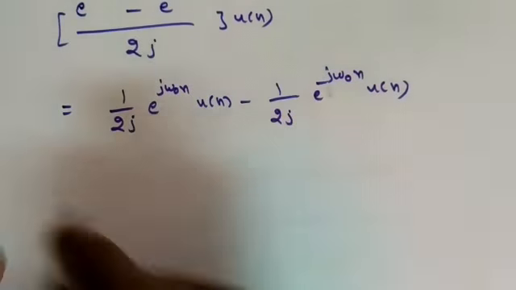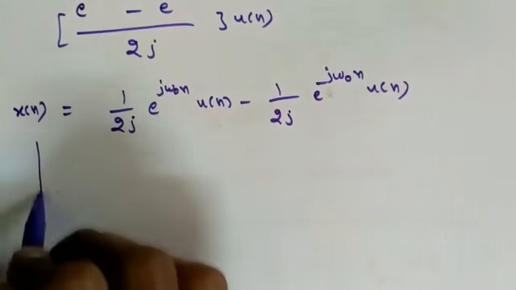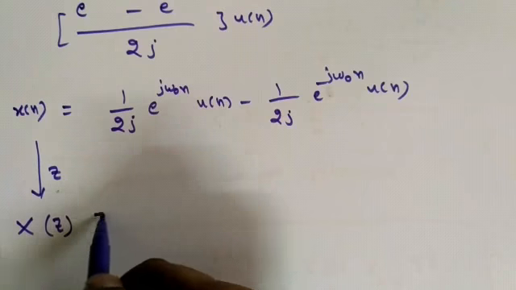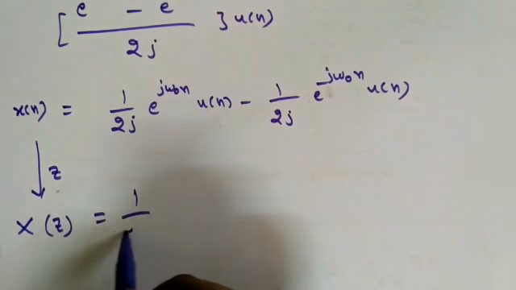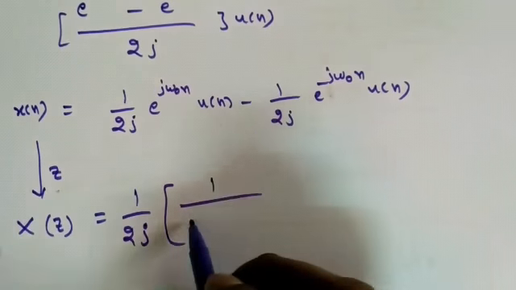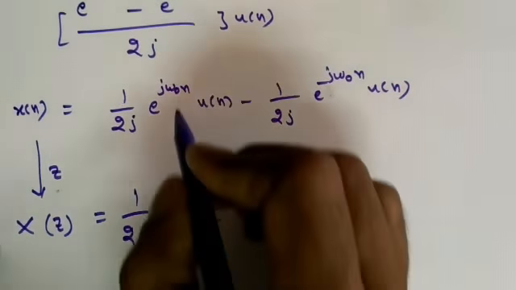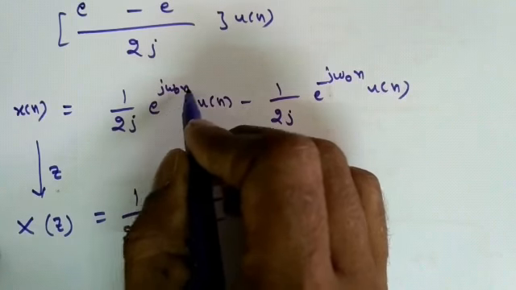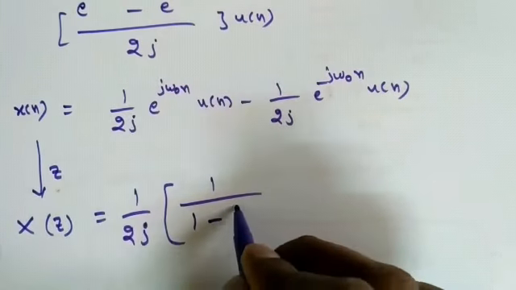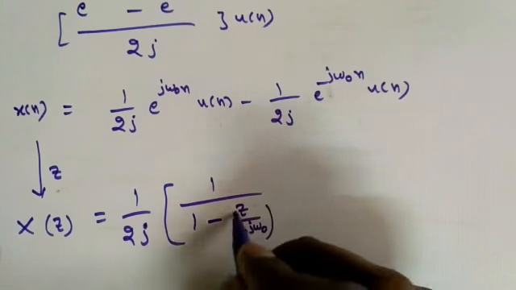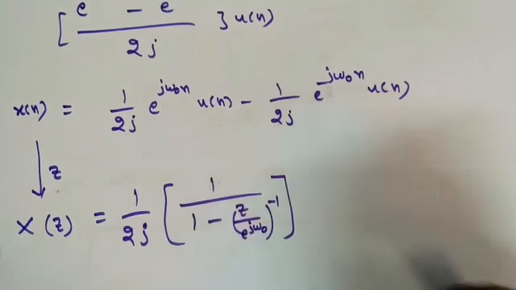Now I will go with the direct, this is x of n. So if I take the z transform, it will become x of z. So this is also 1 by 2j, and for u of n it is 1 by 1 minus z inverse. But there is e power j omega naught to the power n there, so z by z naught, that is z by e power j omega naught, whole inverse, right?